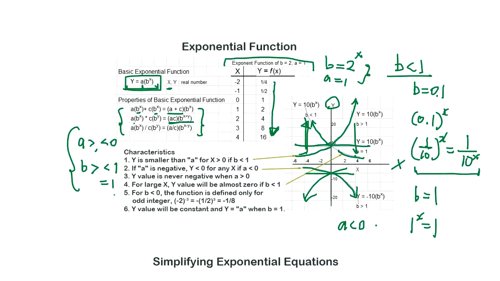The x and y become x plus y. If division, a over c and b to the x minus y. So some of you have practiced this mathematical operation. If not, this is the review. You go through this, make sure you understand this.